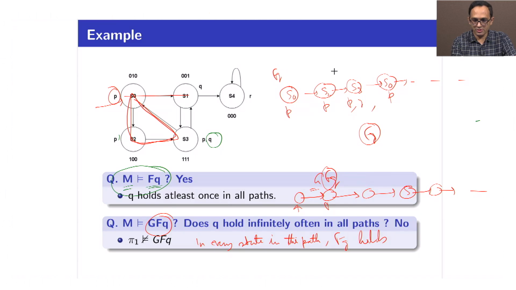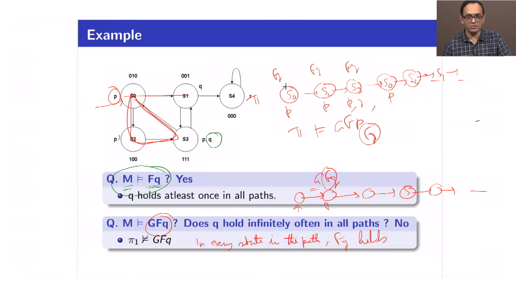If you think about this path, future includes Q, and these states only repeat, again S2, S3 and so on. So, I will say this path pi satisfies GFQ, because in all states F of Q holds, globally future Q holds. So, this is the right path, this is not the counter example.